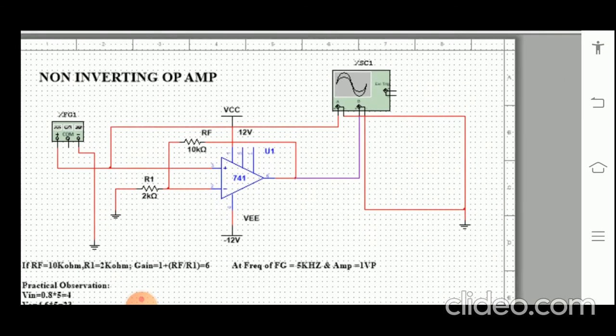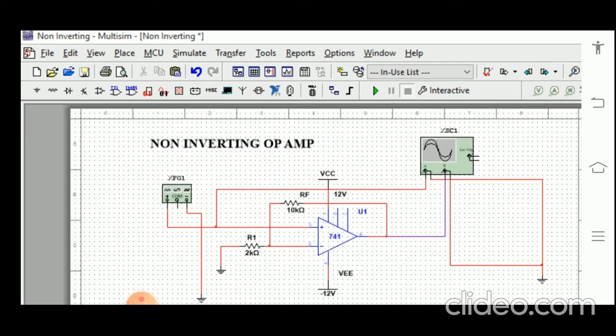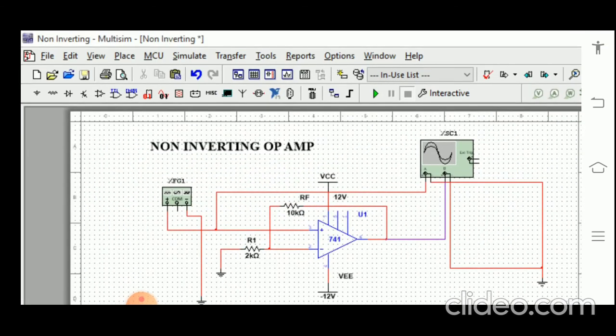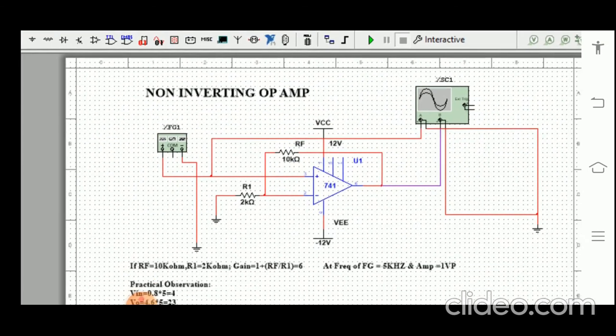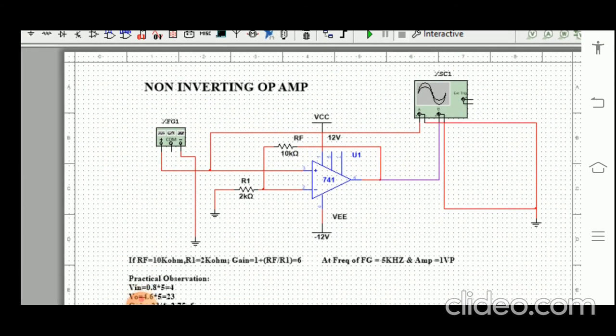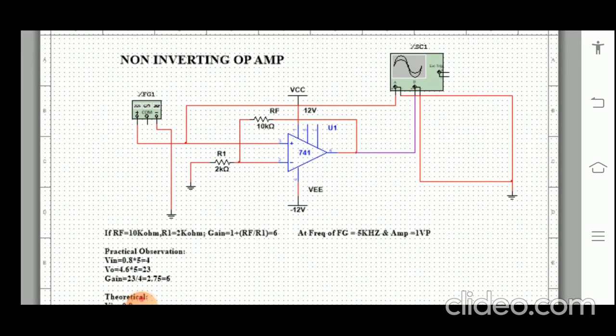I am taking the components from the file, and after that from the component menu. The components are the 741 IC, XSC1 which indicates the CRO, 2 resistors, 1 VCC voltage source, and a function generator. Here I am calculating the gain manually, for feedback resistance 10 kilo ohm and R1 equal to 2 kilo ohm.